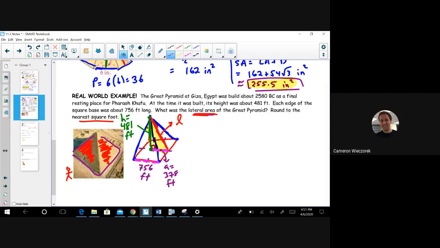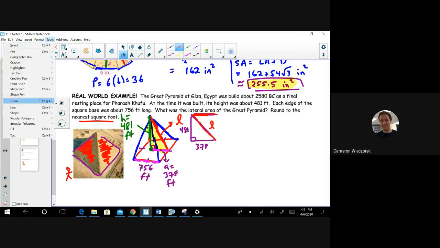Okay. And so we need to find the slant height. So here's the right triangle that I'm looking at. 481, 378, and then the piece in red that I labeled was L. We don't need this piece up here.